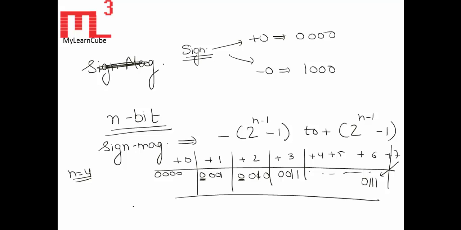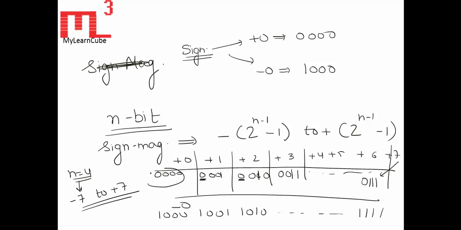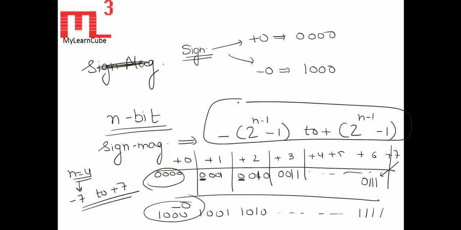And for negative numbers, that means minus 0, it will be 1 0 0 0, 1 0 0 1, 1 0 1 0, and up to 1 1 1 1. That means you are able to represent from minus 7 to plus 7, and you have two different representations of zero.